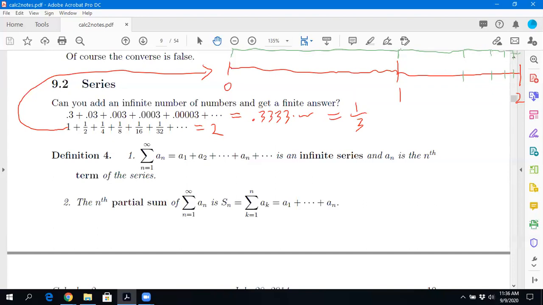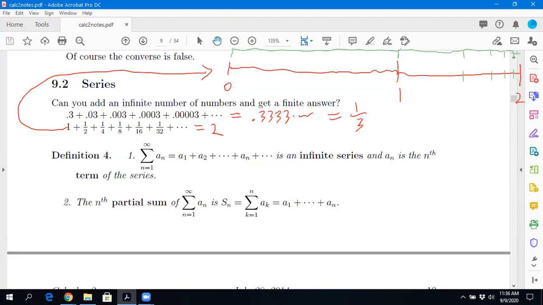All right, let's define a series, and we'll talk about what it means for a series to converge. And this is going to be our personal obsession for the next couple of weeks, trying to understand when a series converges and, when it does converge, what it converges to.